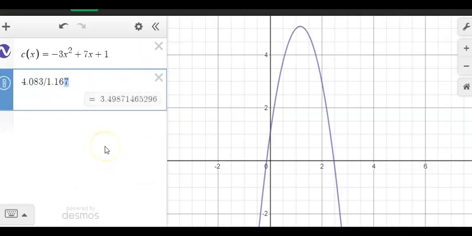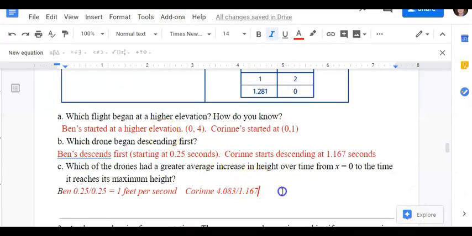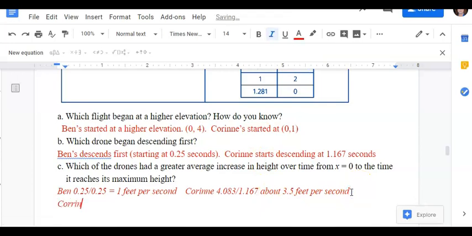Wow. Okay, that's not very pretty, but it's about 3.5. So we'll say this is about 3.5 feet per second. The question is, which of the drones had a greater average increase in height? Corinne did. So let me fix this. We'll say Corinne was greater.